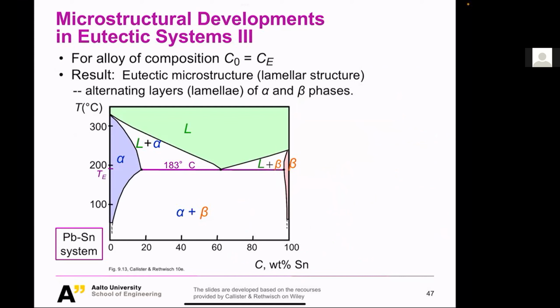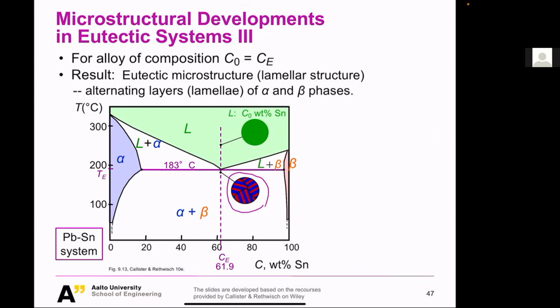And now we go to a more specific point. So this is the eutectic point. You know the eutectic reaction, but here I want to show you how the microstructures will be developed for this eutectic point. So here again, we start from a high temperature and it's completely liquid. Now we go down. If you go down at exactly the eutectic composition, you will develop such a microstructure, this laminar microstructure.